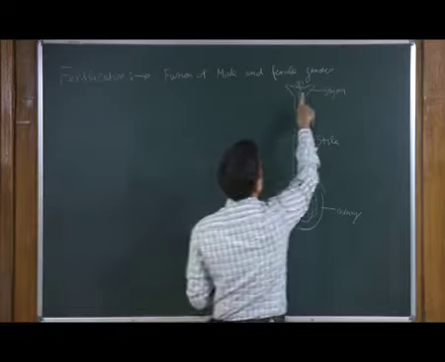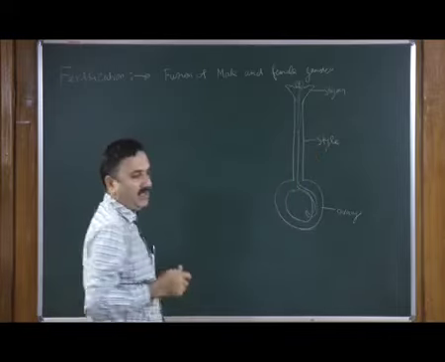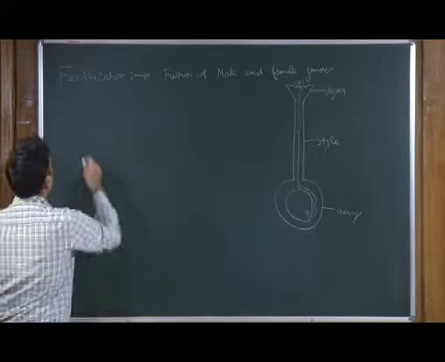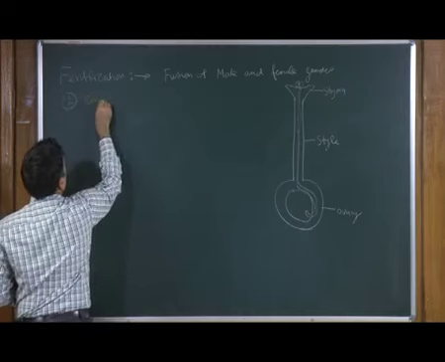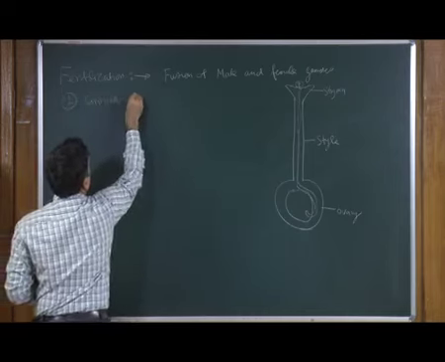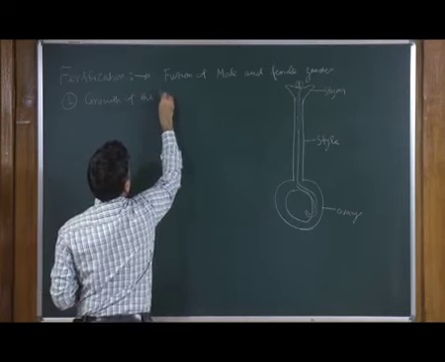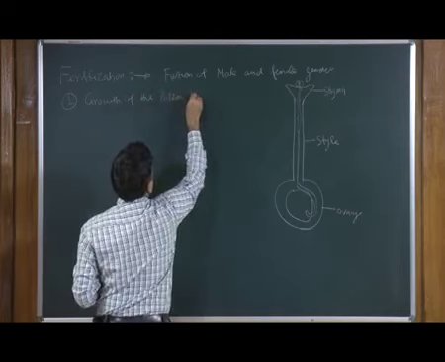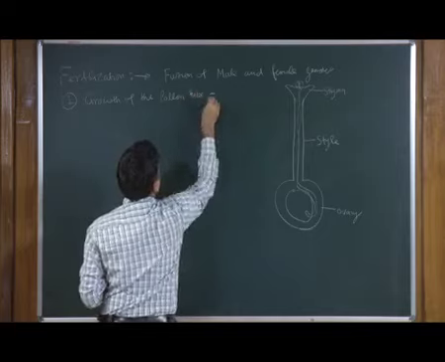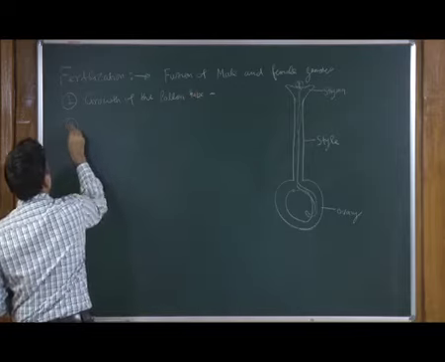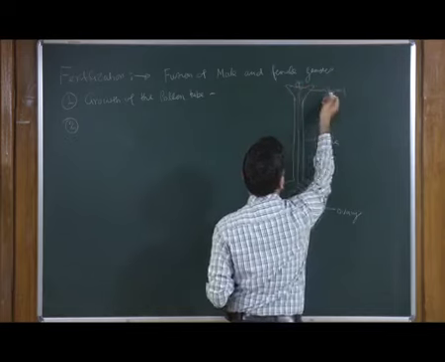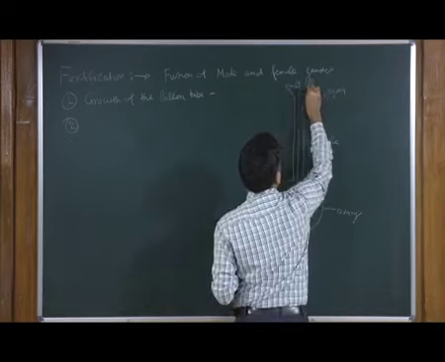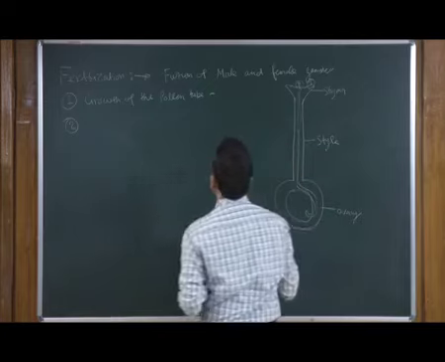In this process we have three different events. Number 1, growth of the pollen tube. As soon as the pollen grain falls onto the stigma, it does the first step, that is the growth of the pollen tube.